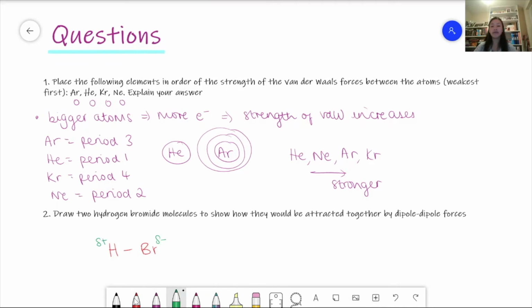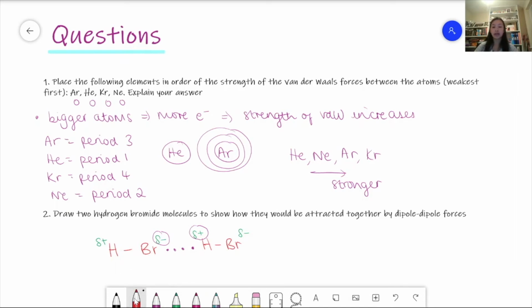If we had another hydrogen bromide molecule here, which had the same thing, then this partially positive charge would be attracted to the partially negative charge. And so we would get a permanent dipole-dipole attraction between these 2 hydrogen bromide molecules.